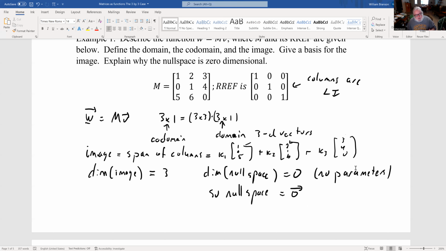Right? Because the 0 vector always gets mapped to the 0 vector. So the null space is 0-dimensional. The image has dimension 3. The domain has dimension 3. So what do we find? 3 plus 0 equals 3. So good enough.